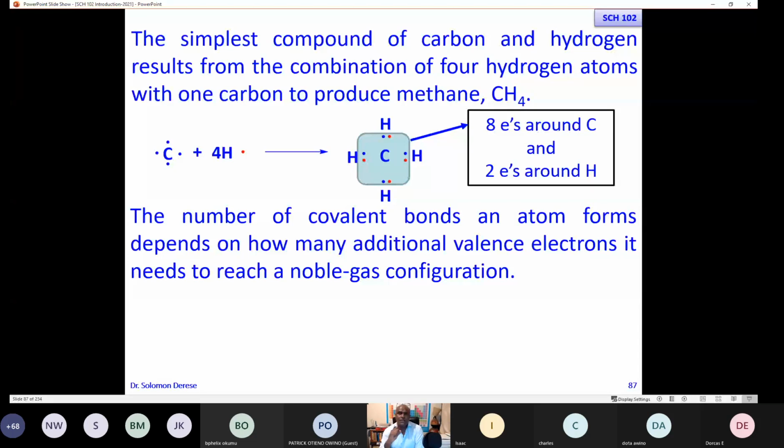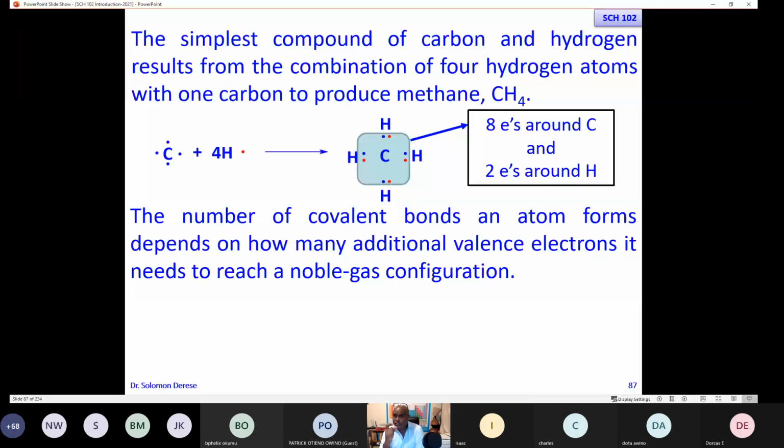If you look at oxygen, it is in group 6A of the periodic table. The electron configuration of oxygen is 2,6. It has got 6 electrons in its valence shell. In order to have an octet of electrons, it needs an additional 2 electrons, 6 plus 2 being 8.